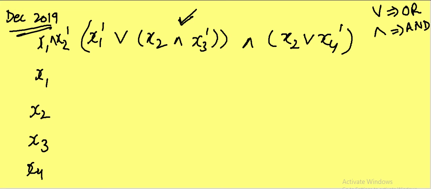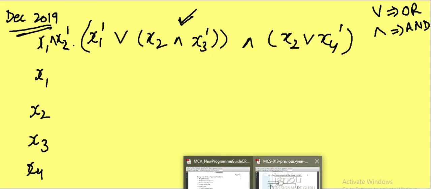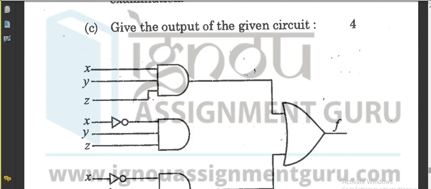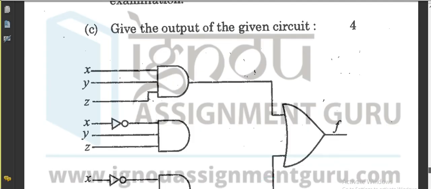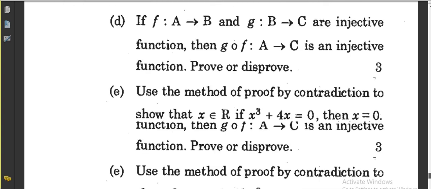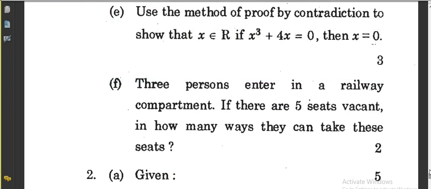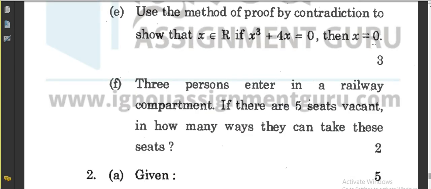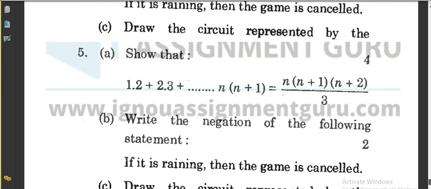So let me check once if it is wrong. This is the question for 2019. Let me check once again that I have copied it rightly, or I am missing something.